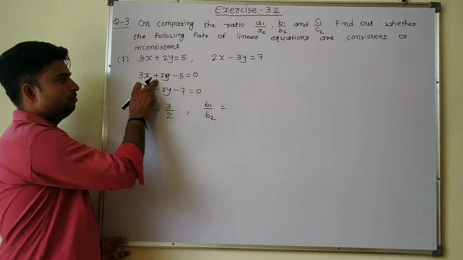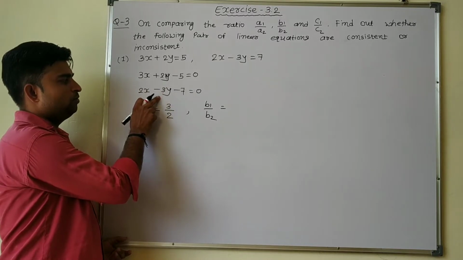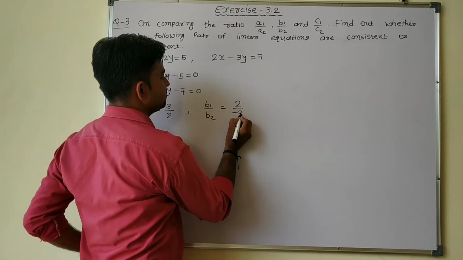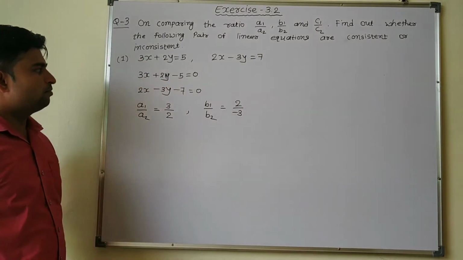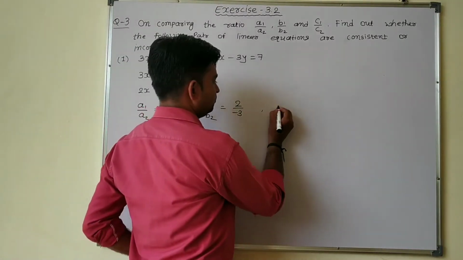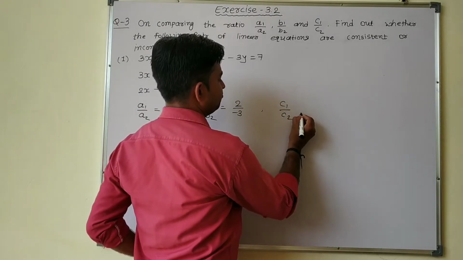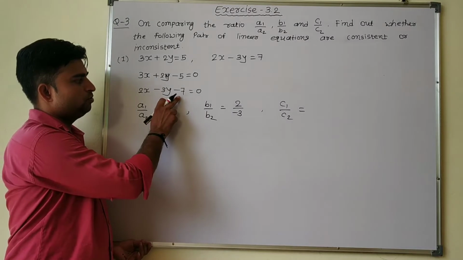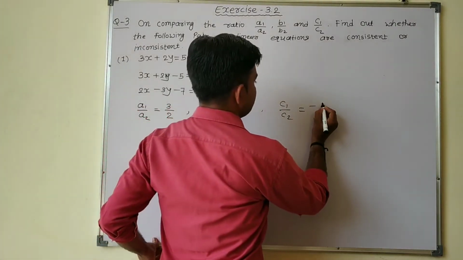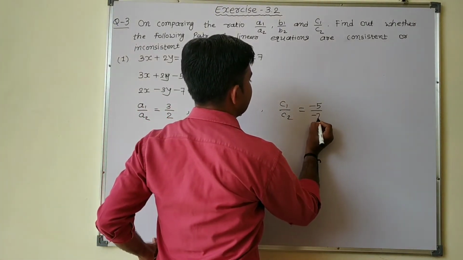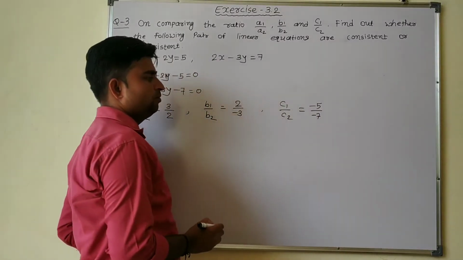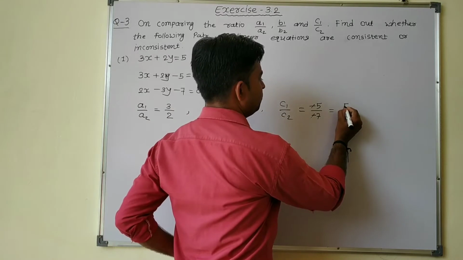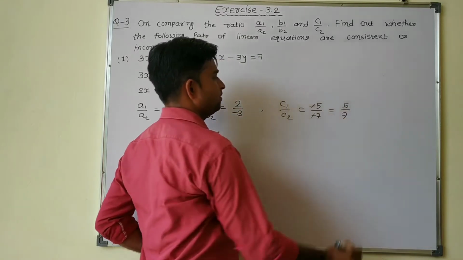From here B1 is 2 and from here B2 is minus 3, so 2 upon minus 3. Thereafter C1 upon C2. From here C1 is minus 5 and C2 is minus 7, so minus 5 upon minus 7. The minus signs cancel, so it becomes 5 upon 7.